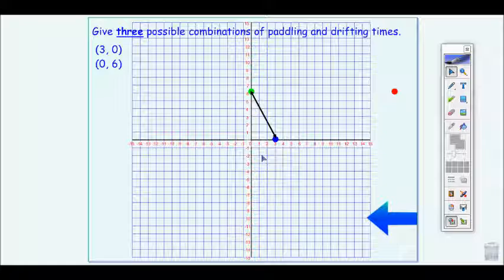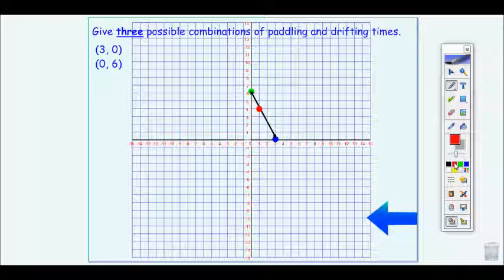Now I'm going to look for another perfect intersection point. So I find one more right here. Now this is telling me, remember my x is my paddling. So this tells me if I paddle for 1 hour, I could actually drift for 4 hours and still make it 12 miles. So there's going to be 3 possible answers here.